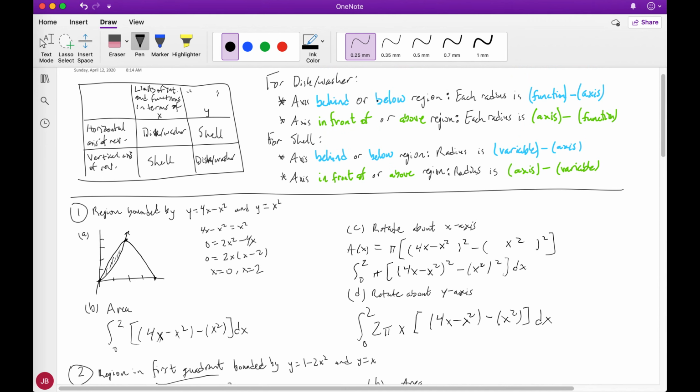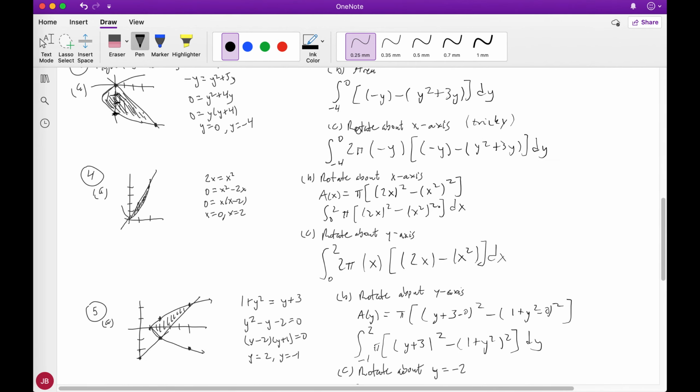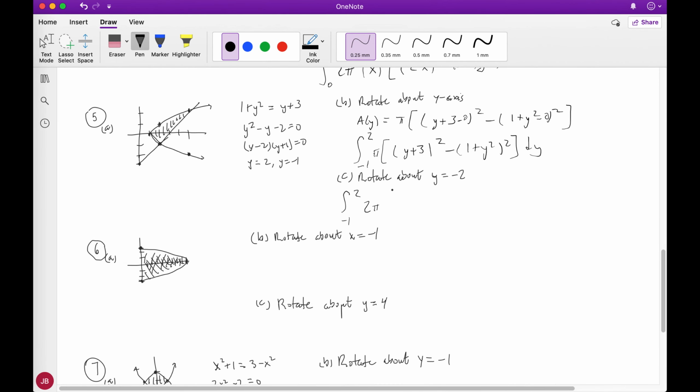Going back up, the axis is below the region, so it's going to be y, which is our variable, minus our axis, which is negative 2. So I think our single radius for shell method is y plus 2, and then upper minus lower, which is y plus 3 minus 1 plus y squared.